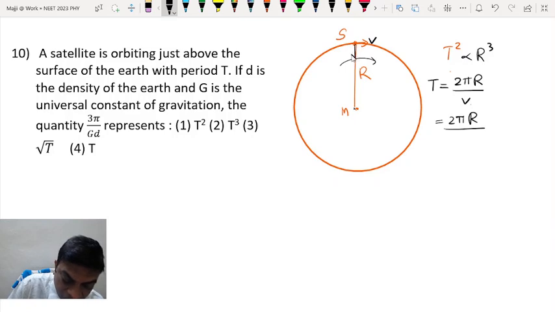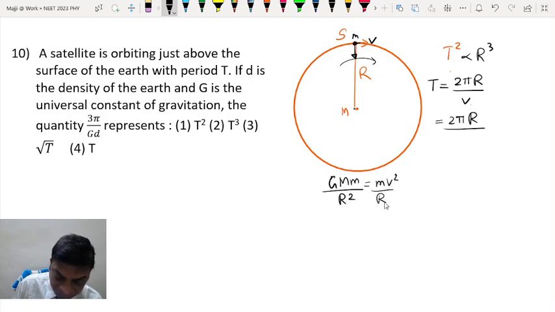In order to go along a circular path, the necessary centripetal force is provided by the gravitational pull between the satellite and the planet. This gives the required centripetal force. So from here you can find v as under root GM by r.